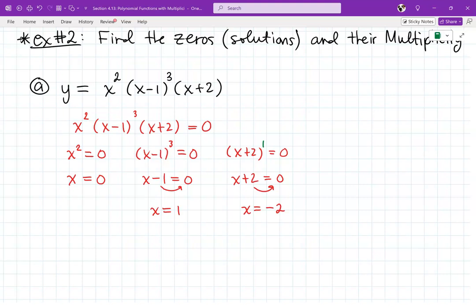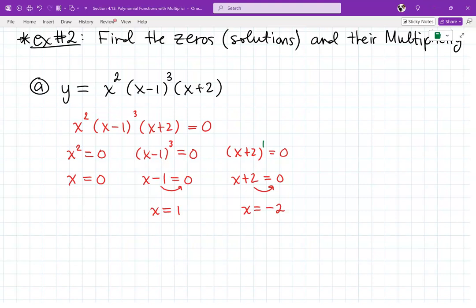So this is going to sound really weird. How many answers did I find? I found 3. The 0, don't forget x equals 0. I found 3. But there's actually 6 answers. I can see 6 total answers. Okay? Why are there 6 answers? Well, how many times does 0 happen? What's the multiplicity on the answer for 0? So look above it. What was the power on x? 2.